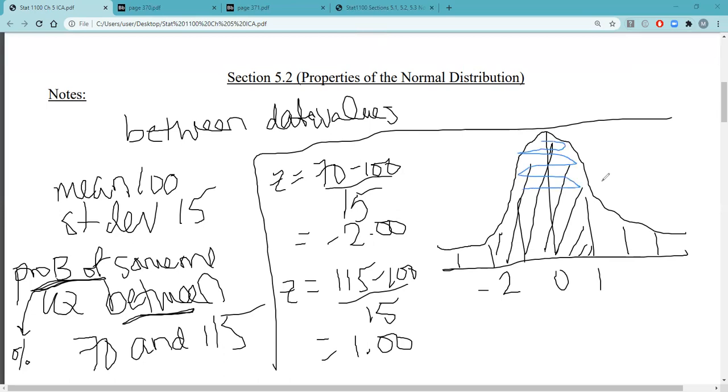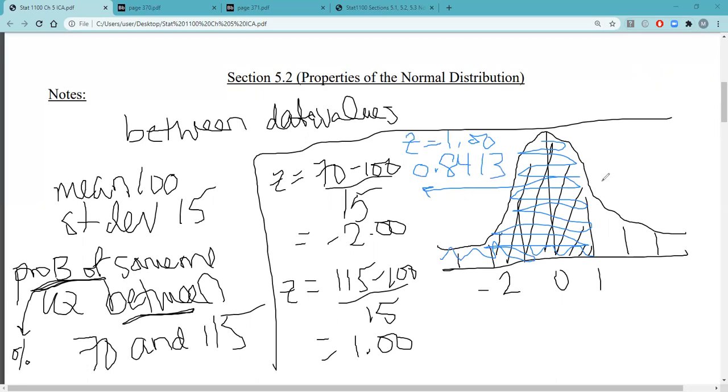Let's go ahead and find the probability of having a score less than 1. So we can go to the table and look up the probability to the left of z is equal to 1. And we should see that we get 0.8413.